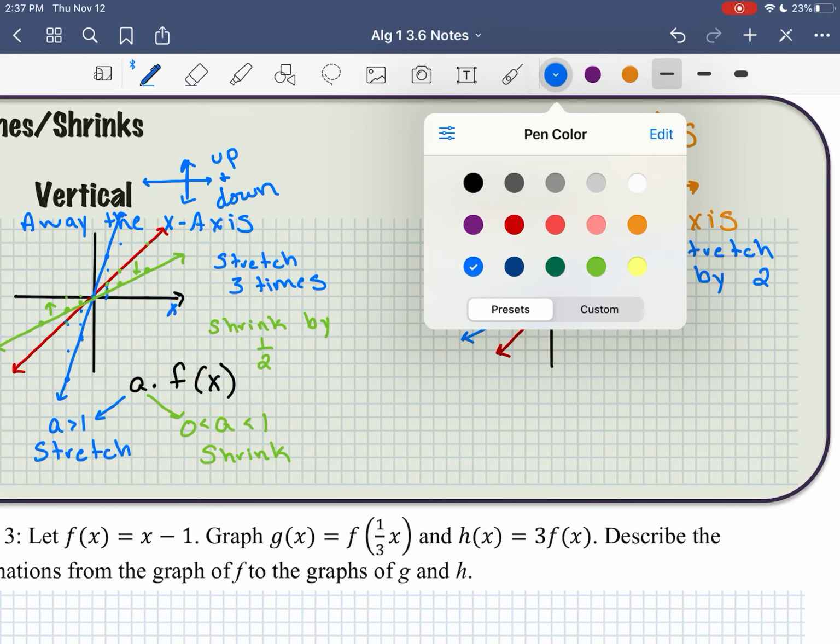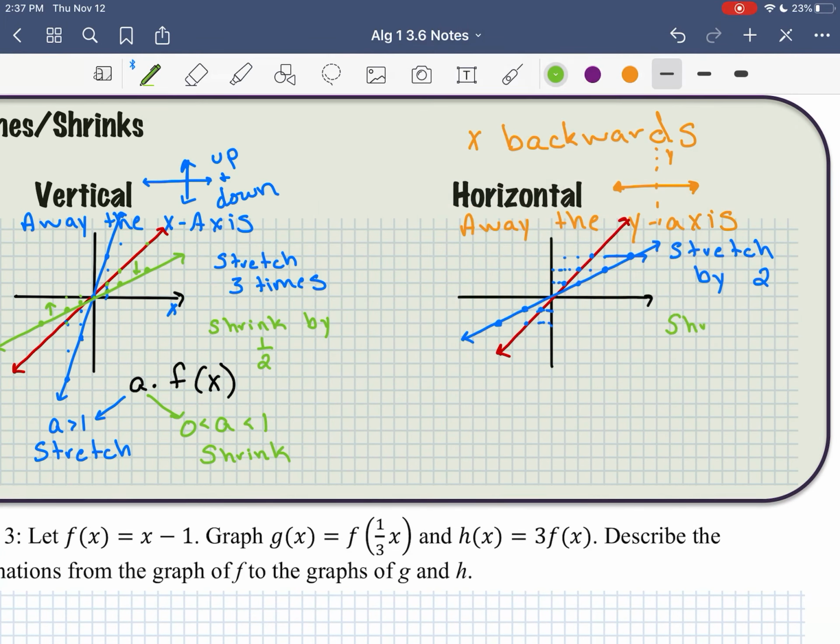Okay, so now if we're going to shrink, let's shrink by 1/3. So now it's going to bring the points in. So now this point is going to be 1/3 of the way. This 3 is going to be 1/3 of the way at 1. Okay, if we go over and we had a 6, 4, okay, 1, 2, 3, 1, 2, 3.